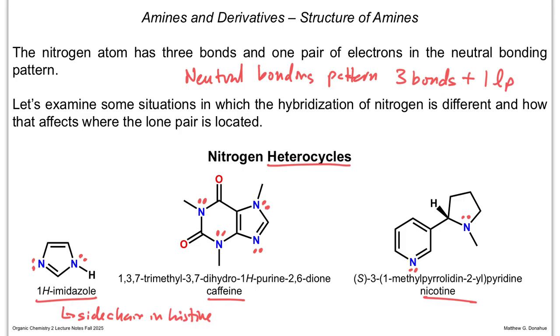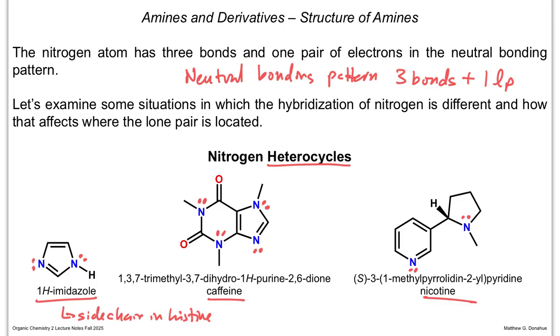What is kind of deceptive about nitrogen? So imidazole, you see the 5-membered ring with the separation of the 2 nitrogens? You can kind of see that in caffeine as well.